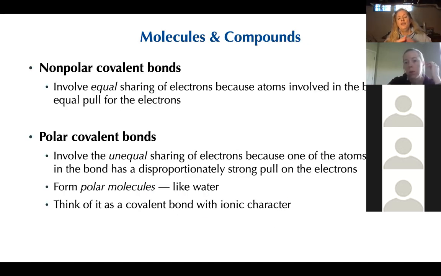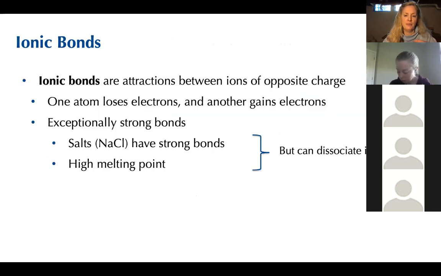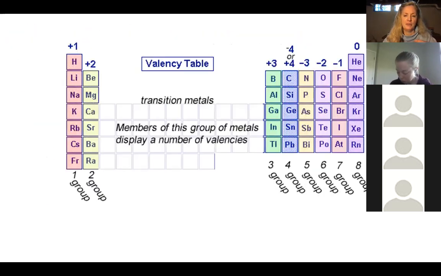But now we have a new kind of critter here called polar covalent bonds. And this is where we're going to have some unequal sharing of electrons. This will be because one of the atoms is more electronegative and has a disproportionate pull on the electrons. So let's go back and look at our periodic chart.